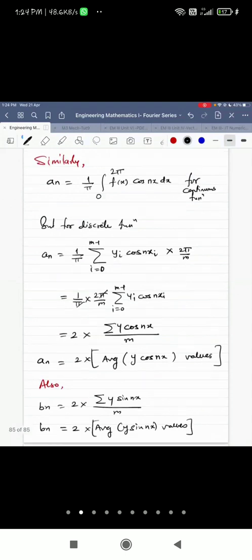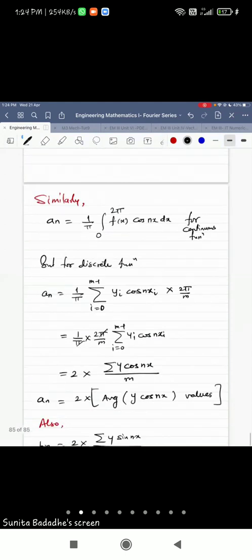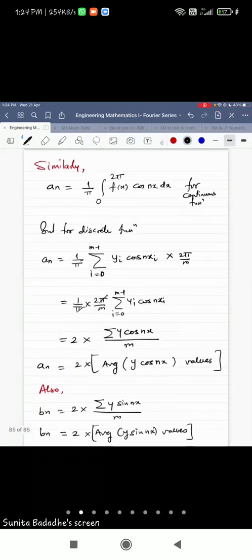You should have these three formulae with you, right? Which three formulae? A naught is 2 into the average of y values. Then an is 2 into the average of y cos nx values. And then bn equals 2 into the average of y sin nx values.